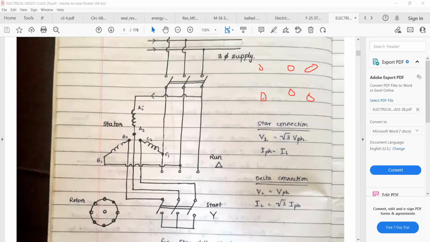If these 3 terminals are short circuited and R, Y and B are connected, then this is star connected. And it will be delta connected if the end of one winding is connected to the start of the next, connected like this, then they will be delta connected, right?